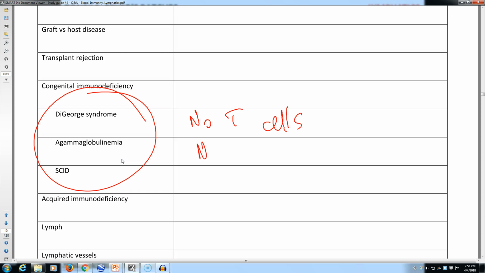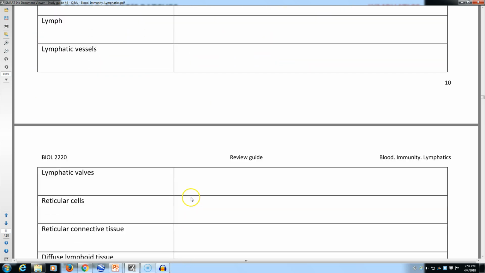In agammaglobulinemia, no B cells. And in SCID, no T and B cells. Okay, we're good? Acquired immunodeficiency, different types of disease. Lymphatic vessels, we'll get back to it.